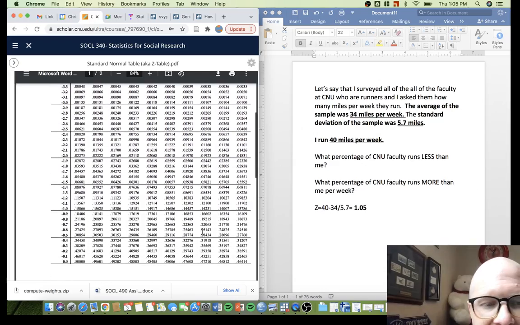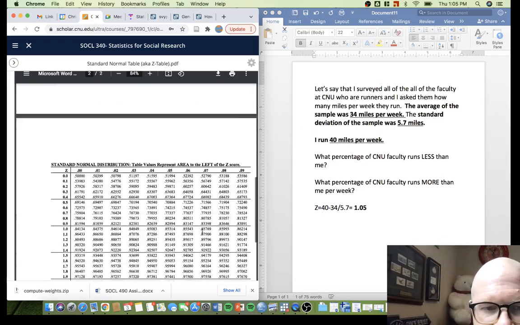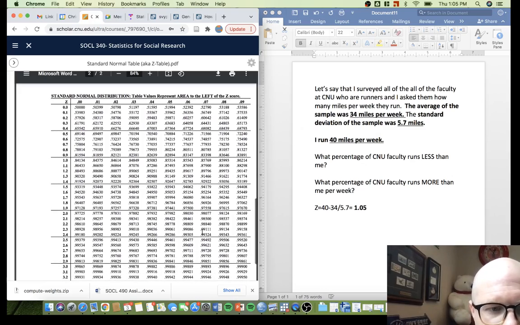So let's find the table value associated with my z-score of 1.05. To do that, you take the first two digits, in my case 1.0, and you find it in this column right here.